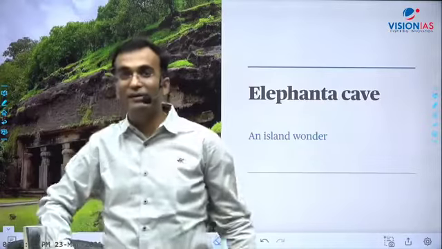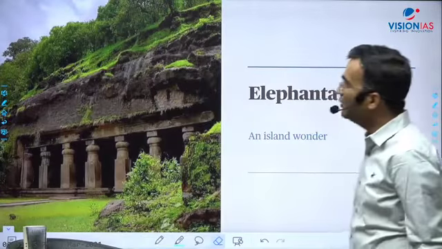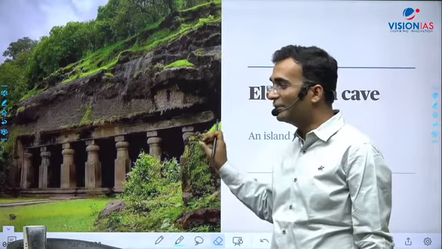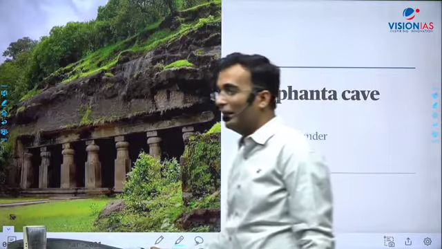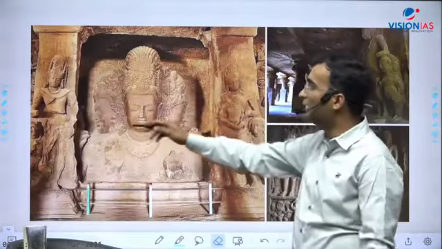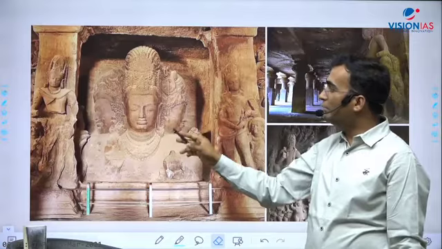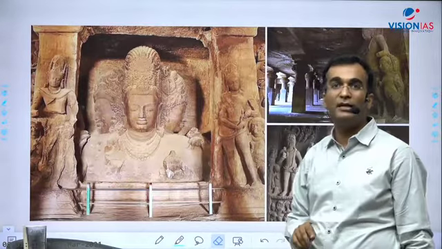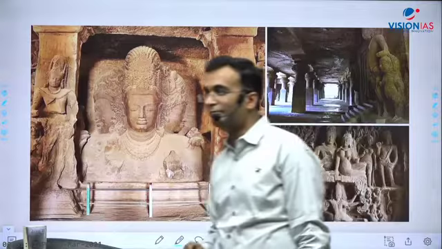An island wonder is the Elephanta. You can see that the natural environment over there in the Elephanta is quite good. And this is the image which I was quoting, this is the Trimurti. One is Uma, this is Bhairav, and this would be Mahesh. ठीक है? बाकी के images देख लेना बाद में.